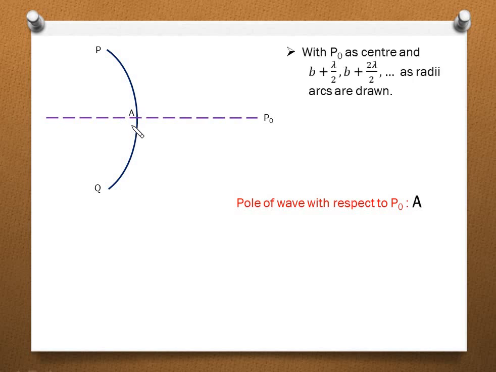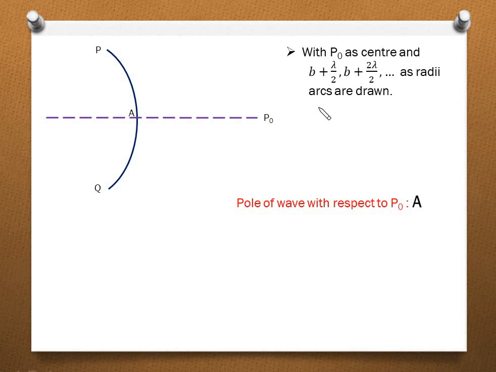Now, in order to find the half period zones of this cylindrical wavefront, we need to draw arcs with P naught as the center and b plus lambda by 2, b plus 2 lambda by 2 as radii.